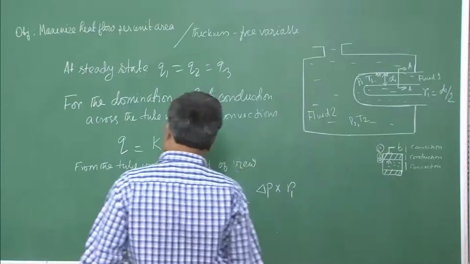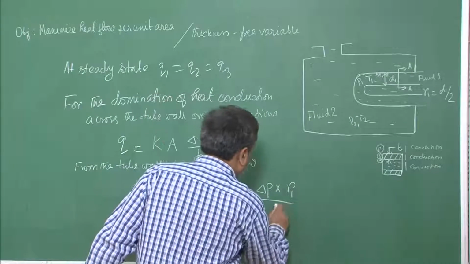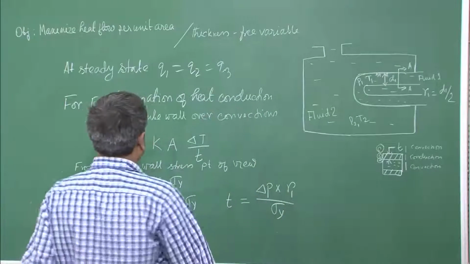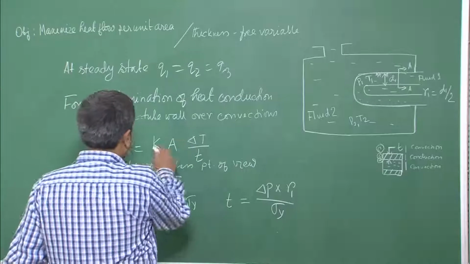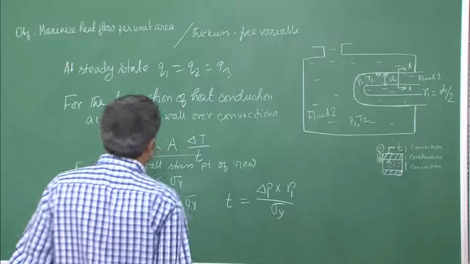So, delta P times R1 divided by sigma y. Now, I can substitute this in this equation of overall heat transfer.